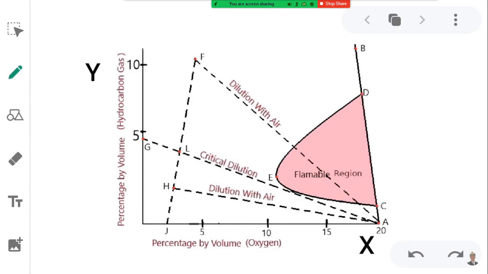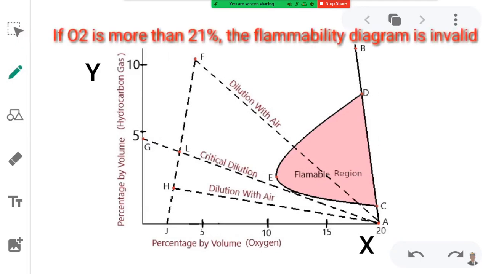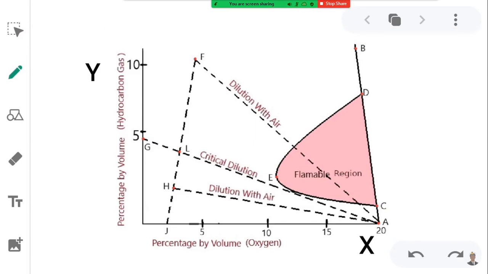One more important thing you must know is that if the oxygen content in the atmosphere is more than 21% by volume, then this flammability diagram is not valid.